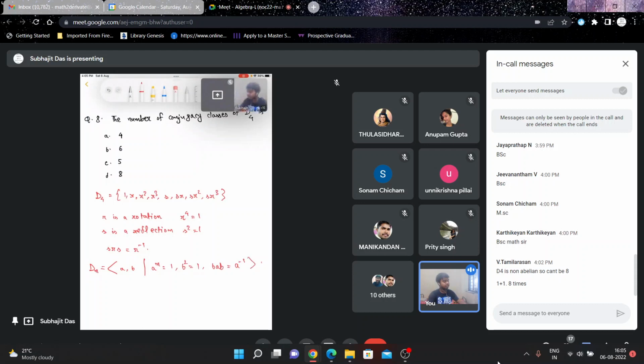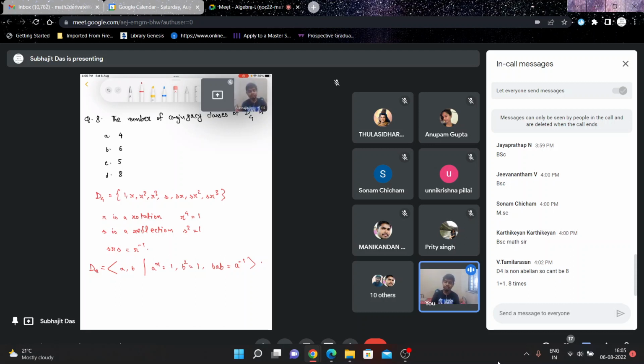What I mean by this is Dn is fully generated by these two elements A and B, and every element of Dn is some word consisting of A, B, A inverse and B inverse. There are only three relations you need to keep in mind: A power n is identity, B square is identity, and BAB is equal to A inverse.